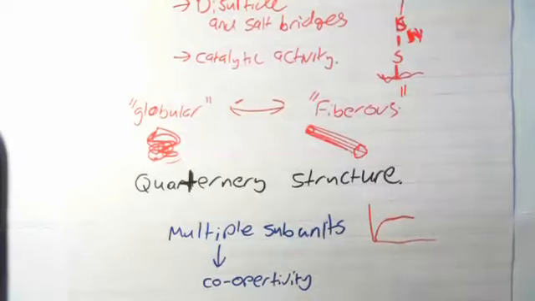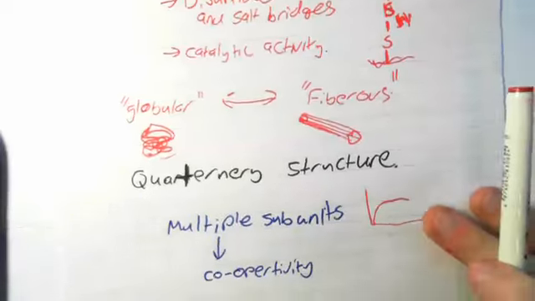So having multiple subunits in a single protein can make some very effective changes to the function of the protein and help it in its role, such as hemoglobin as an oxygen carrier. We'll look at hemoglobin's cooperativity in further lectures on kinetics, but it's just an interesting example of how quaternary structure really does affect the function.